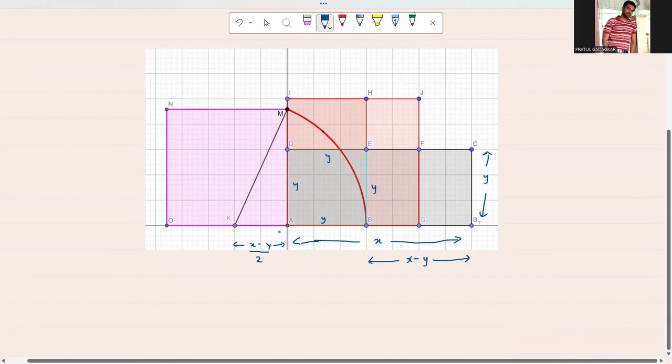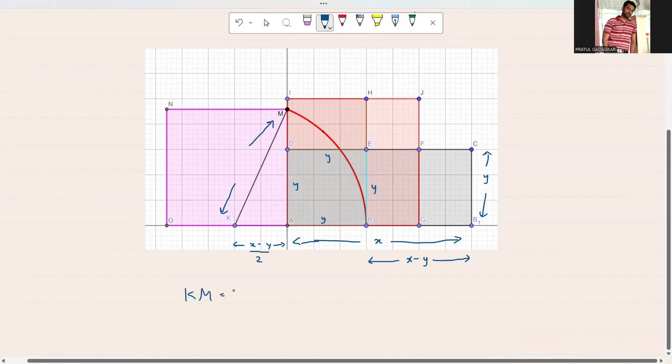Then this distance KM, how much is this distance KM? What is KM length? KM is nothing but KA plus AB, right?